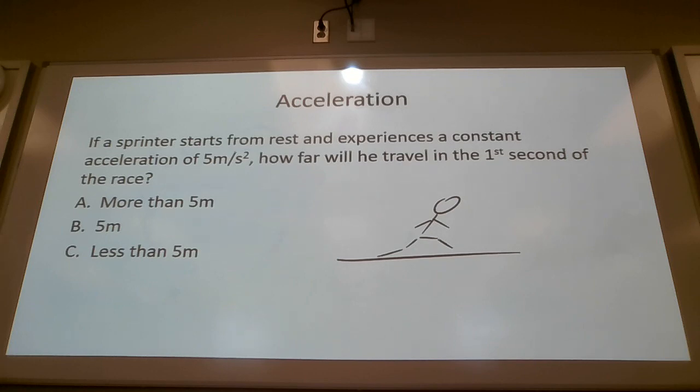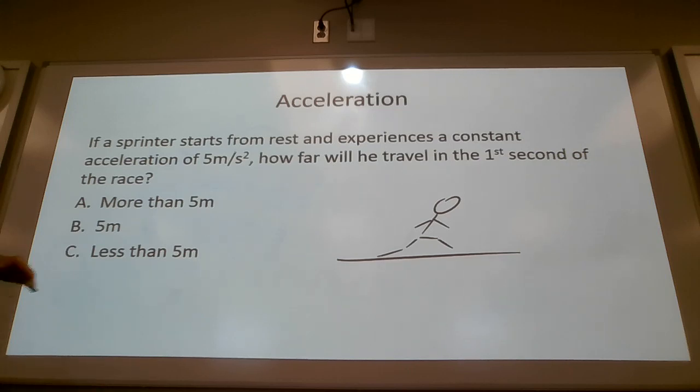If one starts at 0, he will end at 5 meters per second, so it'd be impossible for it to be 5 meters. But the speed is 5 meters per second. So at the end, he hasn't reached 5 meters.